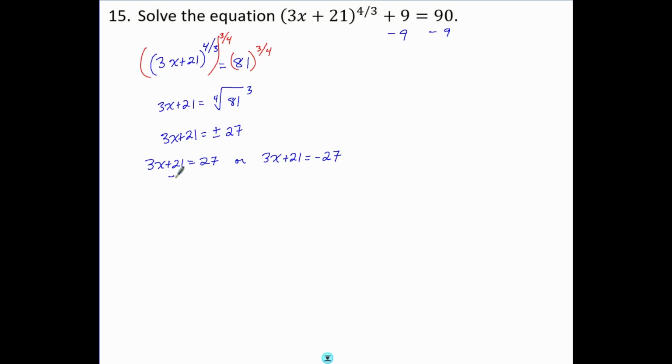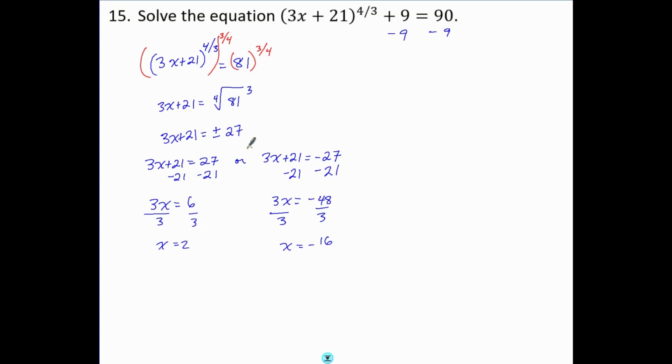So we'll subtract 21 and get 3x equal to 6, and then divide by 3, and we're going to say x equals 2. Or let's solve this one: subtract 21 and get 3x equal to negative 48, and divide by 3. We're going to get x equal to negative 16.